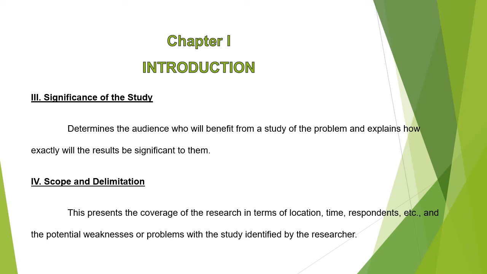So in this case, under the scope and the limitation, you have to mention as well all the boundaries, to what extent your research goes in terms of location, time frame, and the people you intend to study, and these should be included in the scope and the limitation. That is why it is named scope, because it includes all the boundaries of the research.